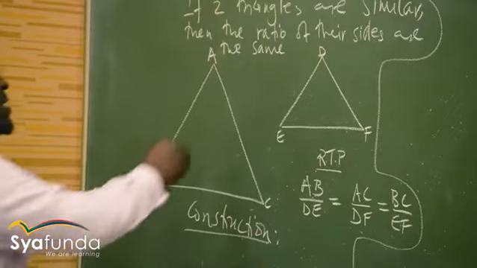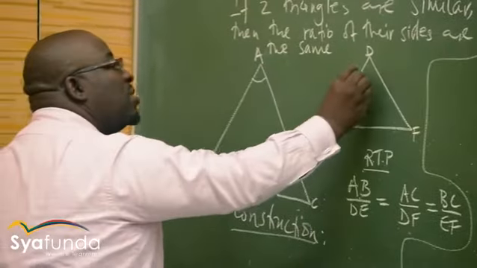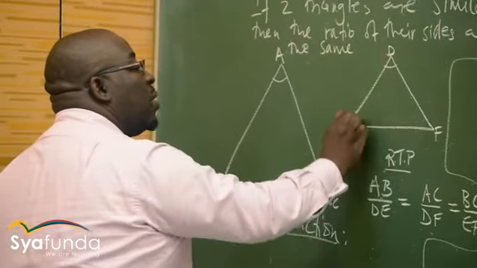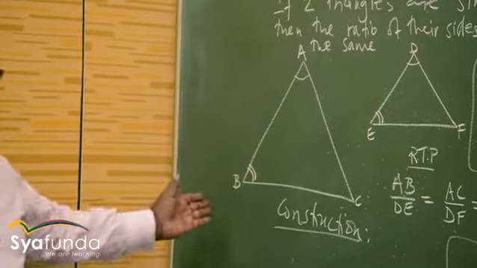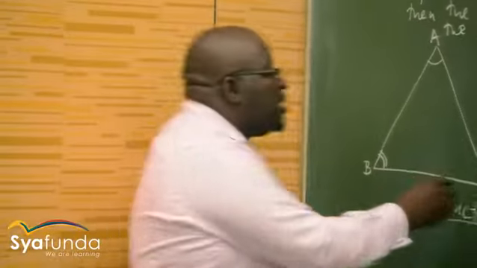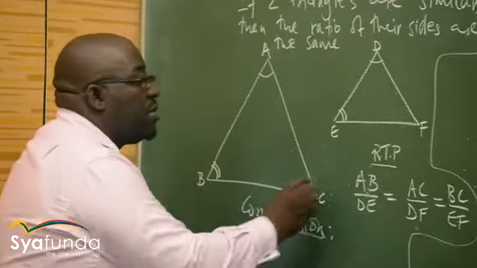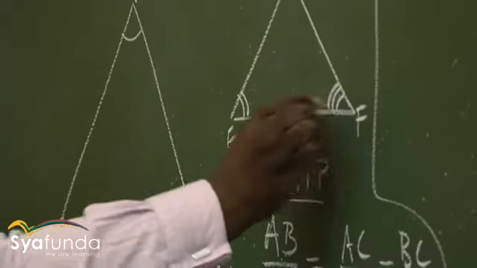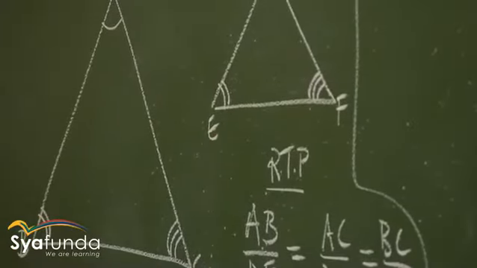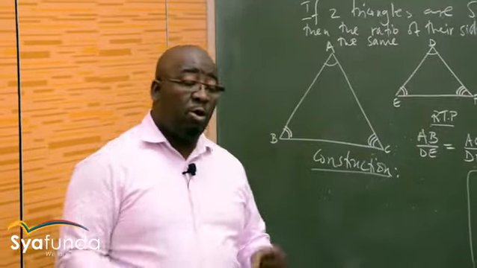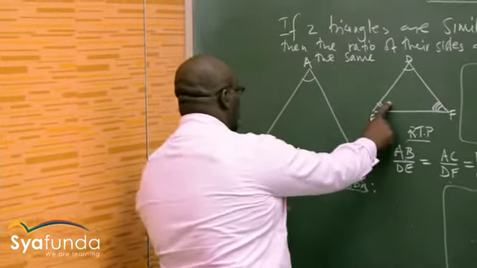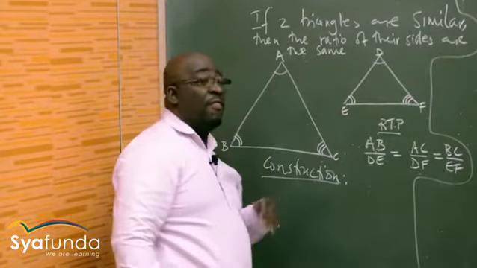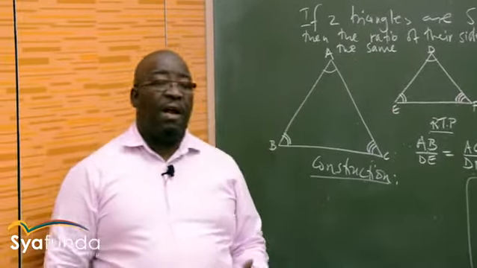It simply means that this angle is equal to that angle, angle E is the same as angle B, and angle C, I'll indicate it with 3, is the same as angle F. So these two triangles are equiangular, meaning that their corresponding angles are the same. Then we can say these triangles are similar.